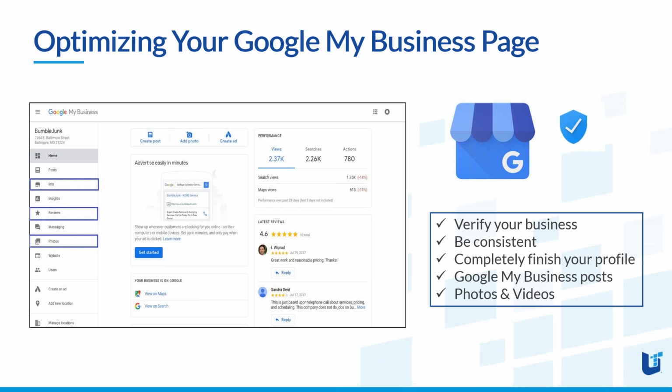There's also a percentage calculator to let you know how much of the page you have completed. You want to make sure it's at 100%. So fill out everything that you possibly can about your business. The more information you give to Google and to other citations later on, the better you're going to rank in search results.